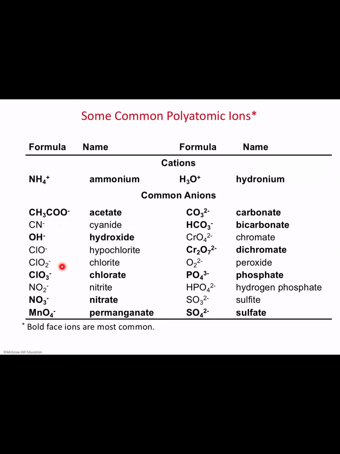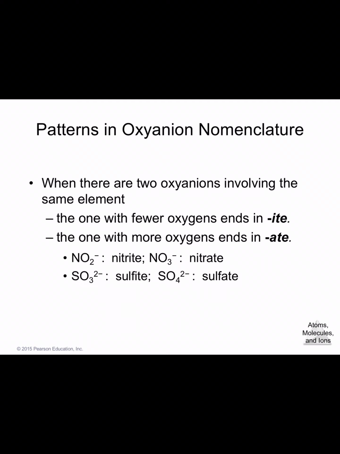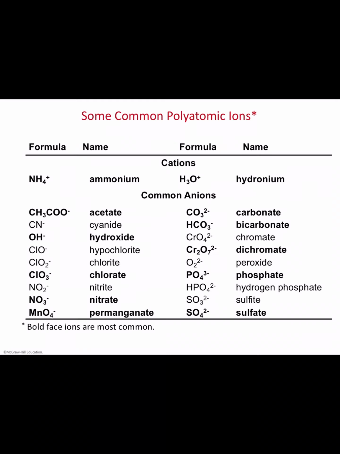This is the ammonium ion, +1 charge, and this is acetate, cyanide, hydroxide, hypochlorite, chlorite, chlorate, nitrite, nitrate, permanganate, and all of these are common polyatomic ions, and hydronium is +1. Most of them are anions, and this will tell us the charge of the ion. Carbonate -2, bicarbonate -1, and chromate -2, like that.